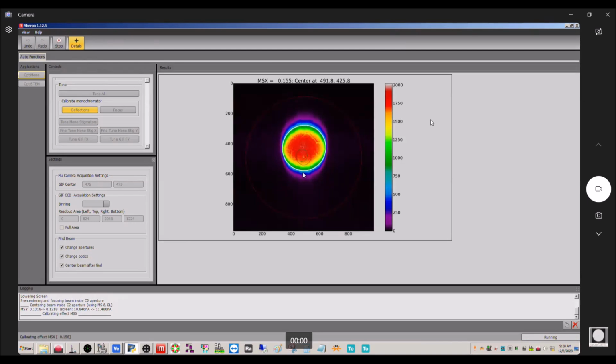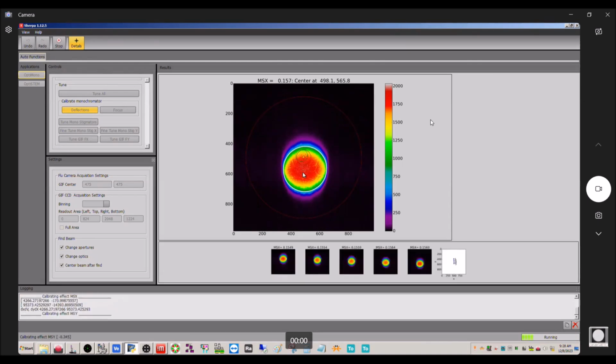Okay, so that's what it's doing right now. Again, when you're doing this, you want to be over ideally vacuum or something that's very weakly scattering, like there's no particles around here while this is happening.